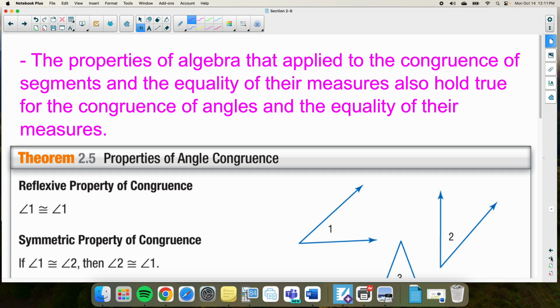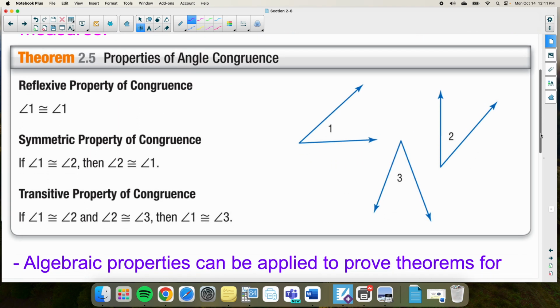So, we're going to go over a couple of things. First of all, we have talked about reflexive, symmetric, and transitive. Those also work for congruent angles. So reflexive property is anytime something equals itself or is congruent to itself, okay? Symmetric property is, do you guys have this speech?